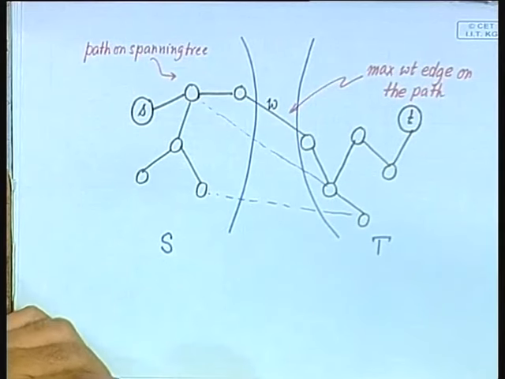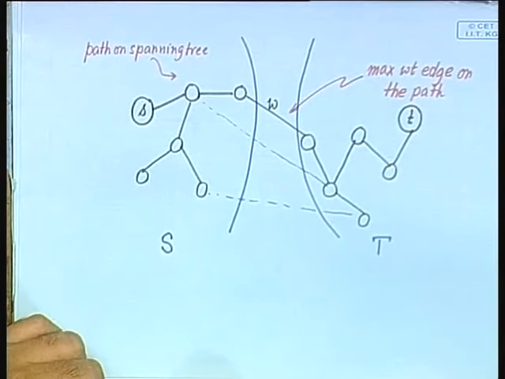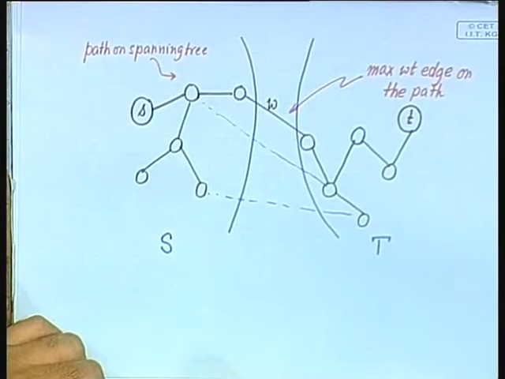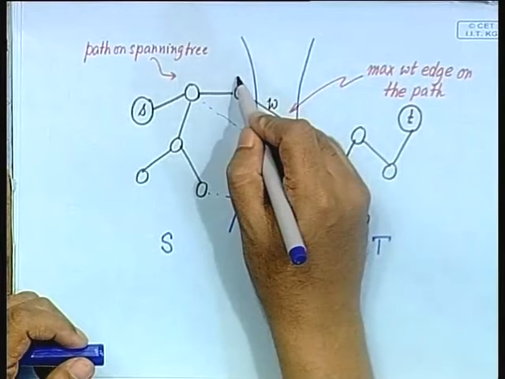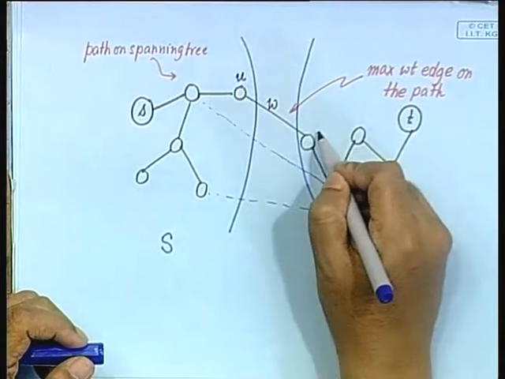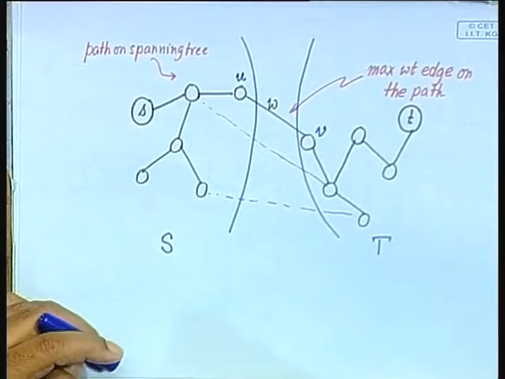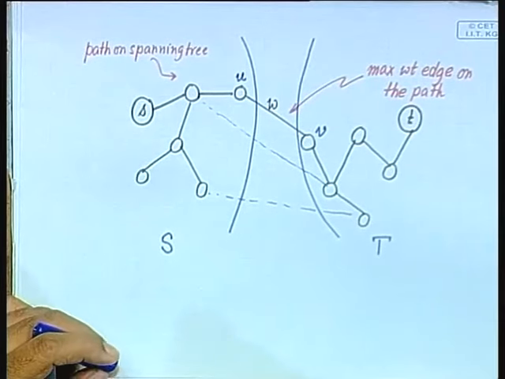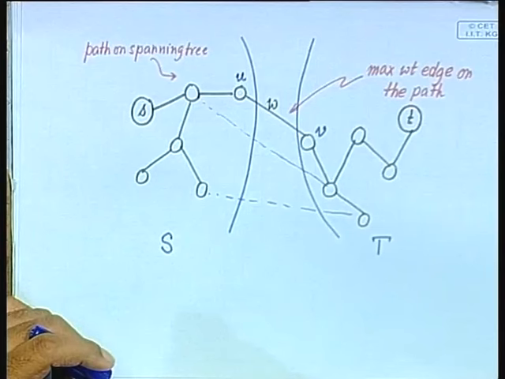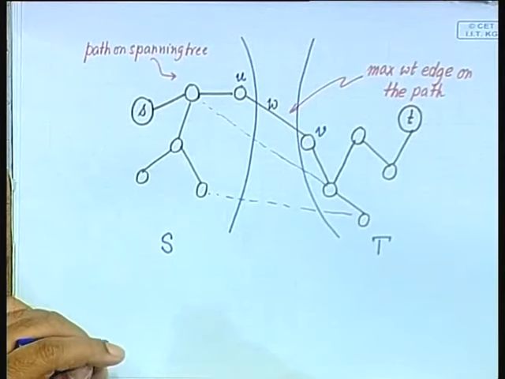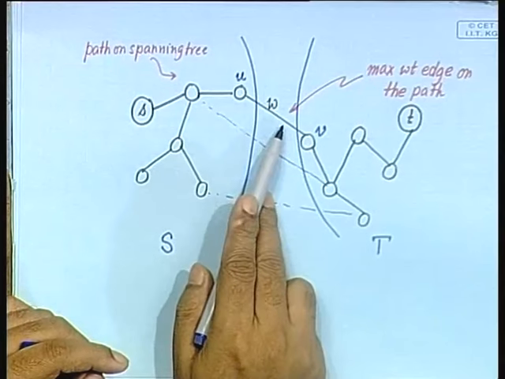Node V and U, we have an edge between U and V. You mean to say that this is U? Yes, this is U, this is V. And W is the weight between these two. Then there is no other edge from U to V directly, because W is one edge.